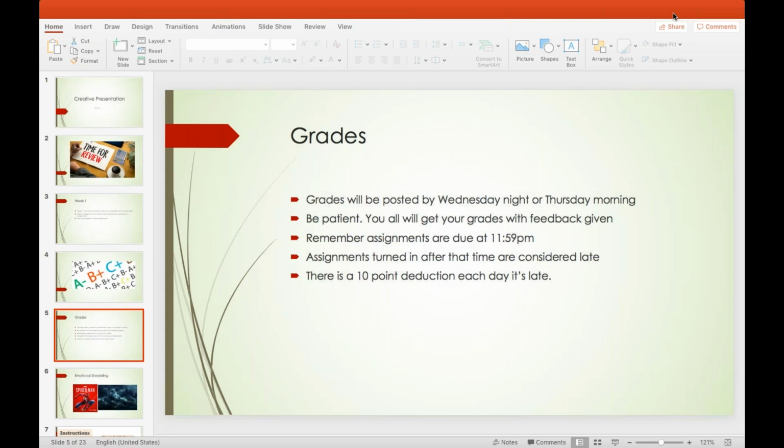And always remember assignments are due at 11:59 Sunday evening. Once 12 o'clock hits, that's technically Monday, so that's technically late. And assignments turned in after that, even after 12, are considered late, and each day would be a 10-point deduction. So say you turned it in Monday, 10 points. Tuesday, another 10 points. Wednesday, that's the last day. It's going to be another 10 points.